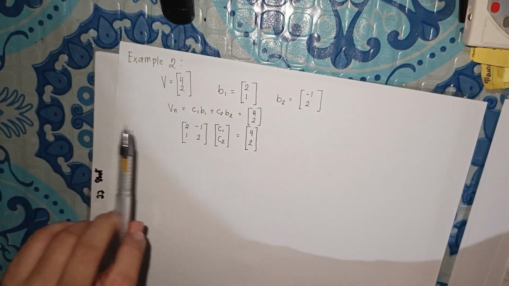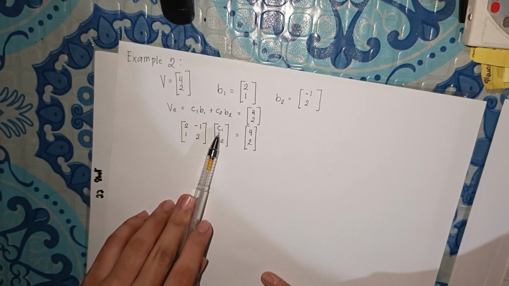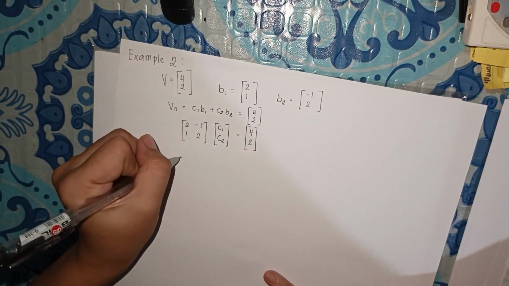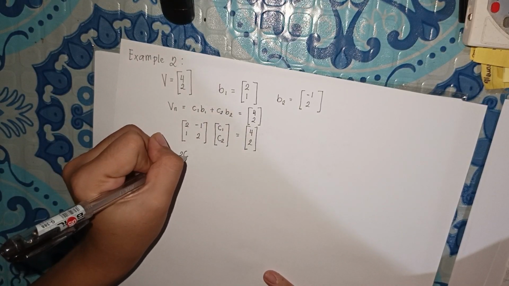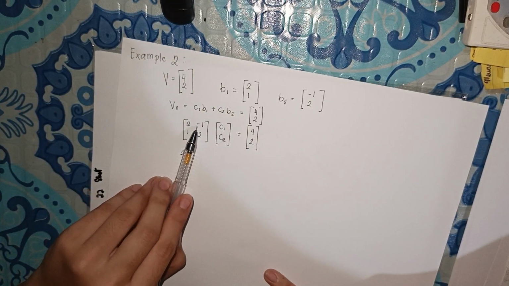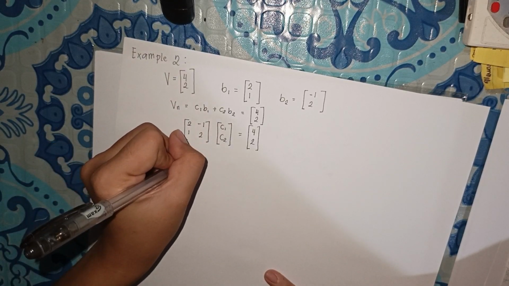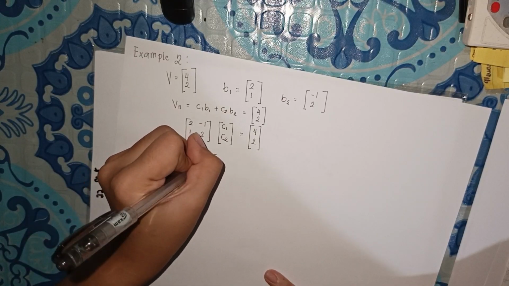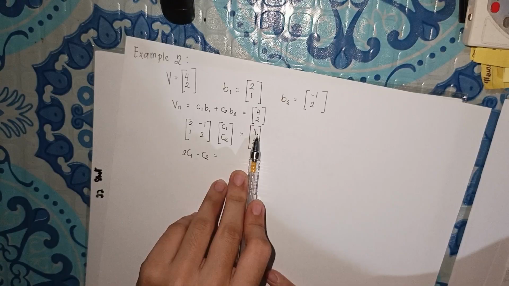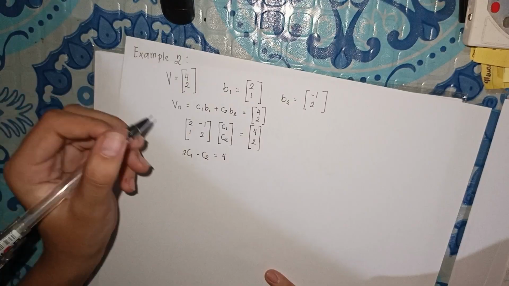Now, let's multiply again. So 2 times scalar 1, so 2 scalar 1. Then negative 1 times scalar 2 is negative scalar 2, is equal to the top element, which is 4.